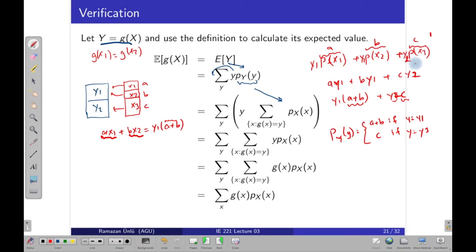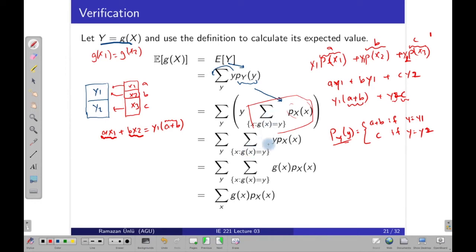Actually, I did that the wrong way earlier. So this is the PMF of y, right? With this one, we got this one. So I can say that this part is equal to this one. So instead of using this one, I can rewrite the PMF of y as this one.